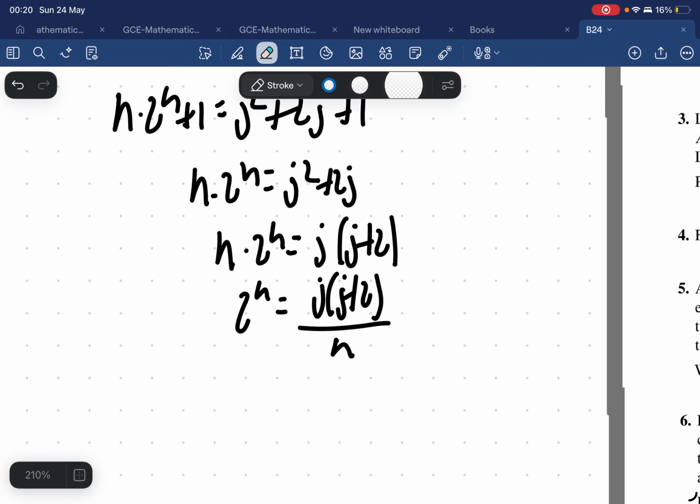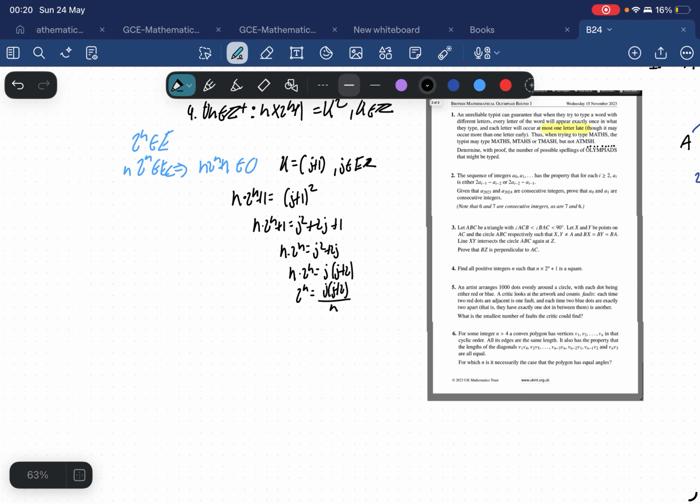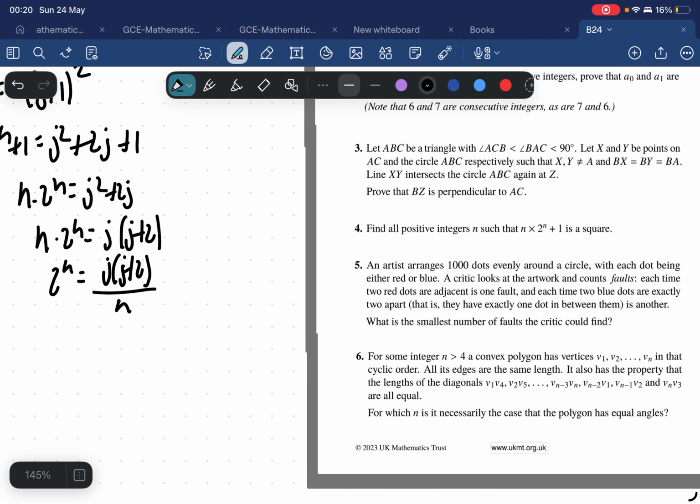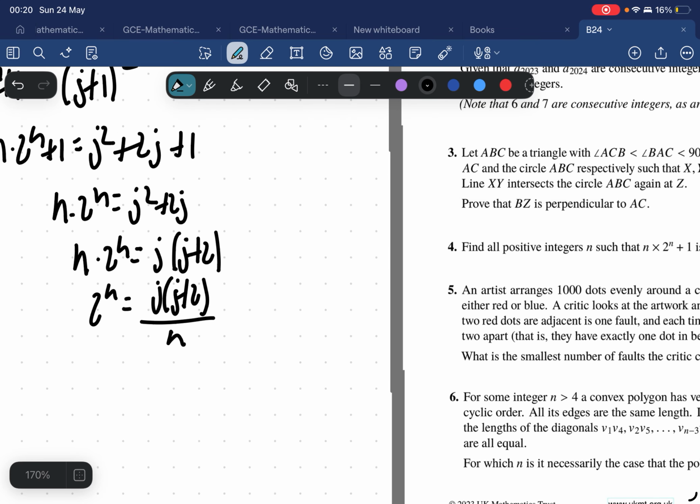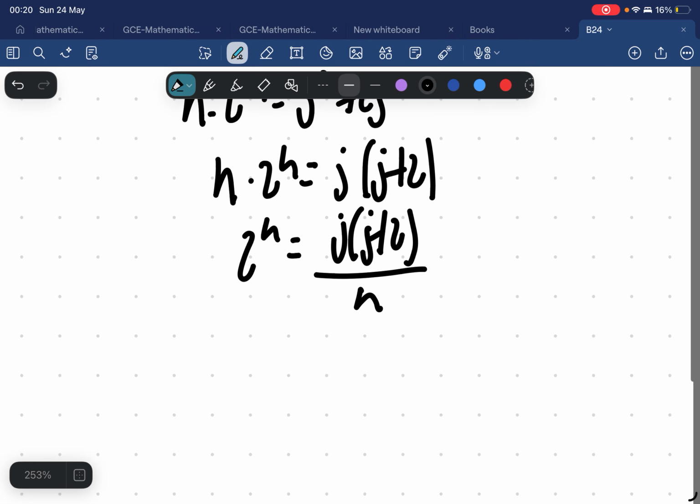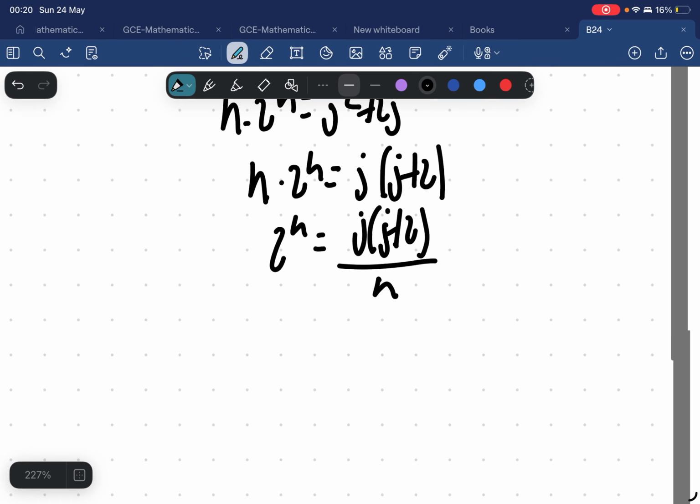Even, yeah, so it is even regardless of n, which makes sense. How do you look for a bounding maybe? n equal to 2j over n.